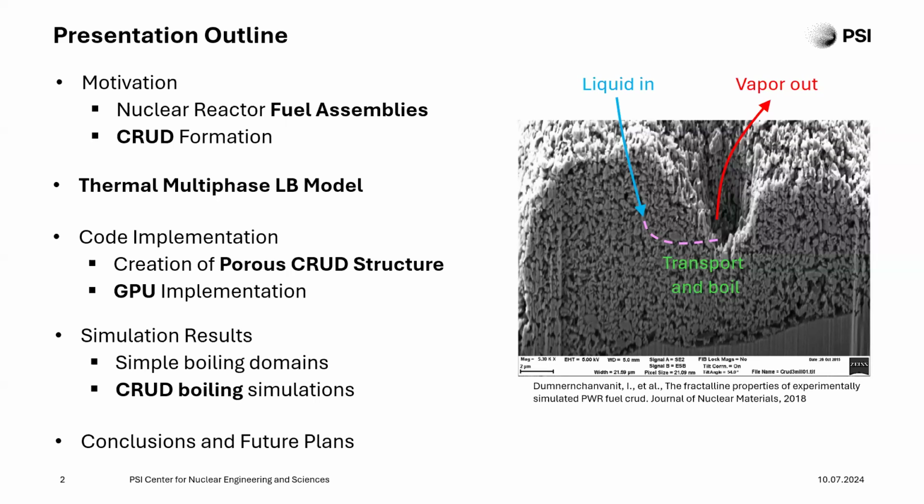And we're trying to simulate that using a thermal multi-phase lattice Boltzmann model implemented on multi-GPU codes. We've also created an algorithm to generate artificial structures for this CRUD, as getting hold of a fuel rod is not very simple. I will show some results today about some simple boiling domains and some CRUD boiling domains.